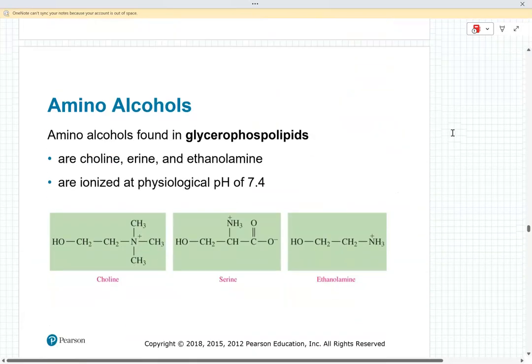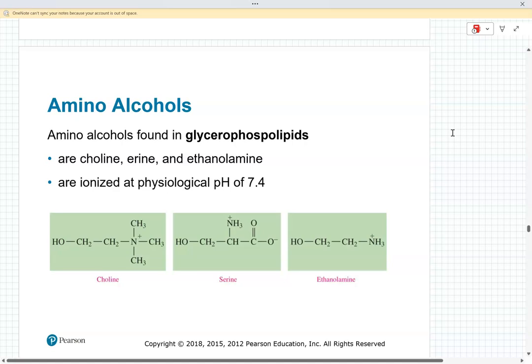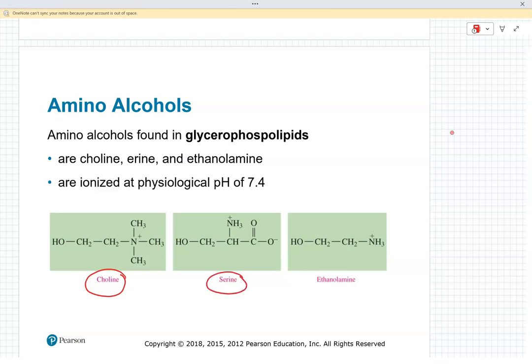So there are three different amino alcohols that are found in glycerophospholipids: choline, serine, and ethanolamine. Why are they called amino alcohols?